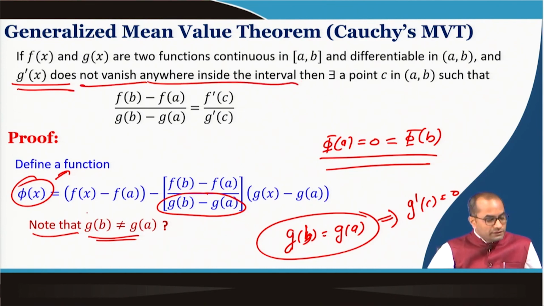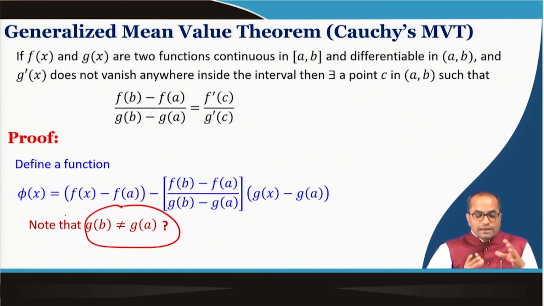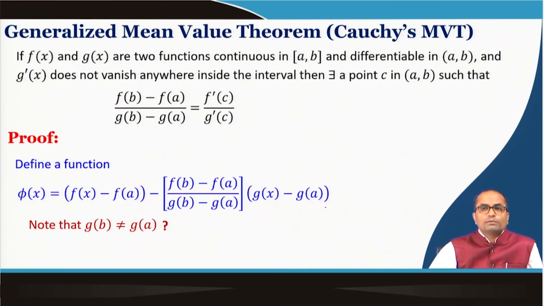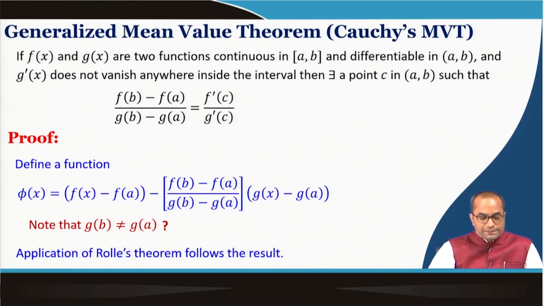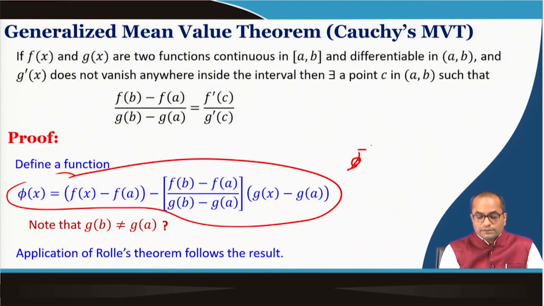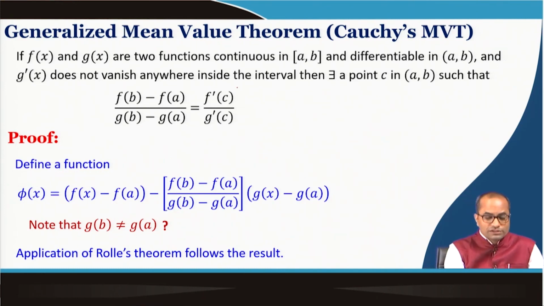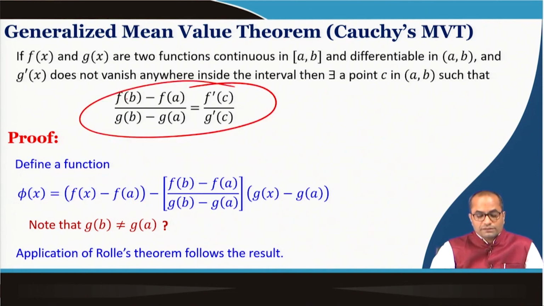Therefore, g(b) cannot be equal to g(a), and this function is well defined, so there is no problem about the definition. Applying Rolle's theorem, phi prime(c) equal to 0, we get the conclusion of the Cauchy mean value theorem, which is given exactly here.